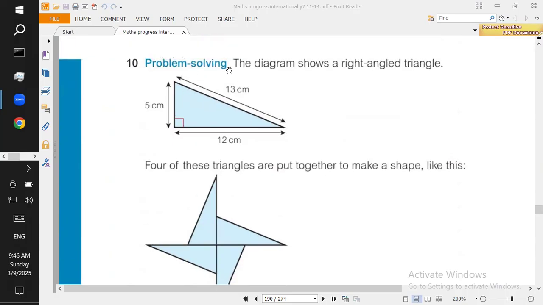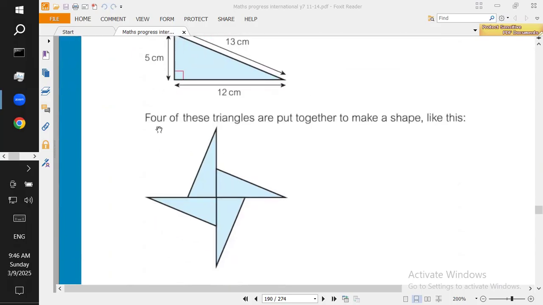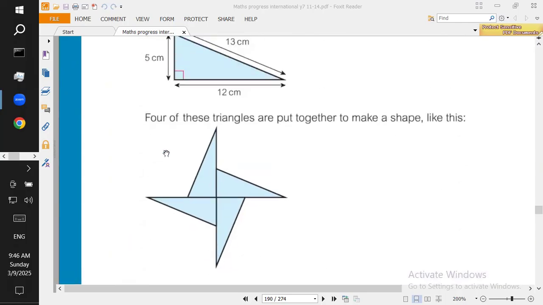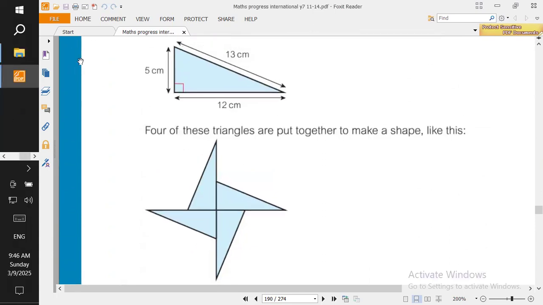As you can see here, the diagram shows a right angle triangle, 5 centimeters, 13 centimeters, and 12 centimeters. Four of these triangles are put together to make a shape like this. Calculate the perimeter of the shape. So basically, to find the perimeter, I'm going to find the value of each line.